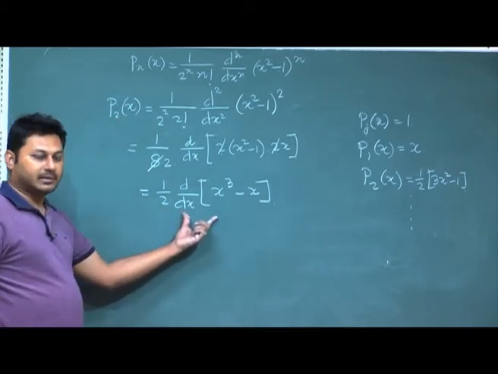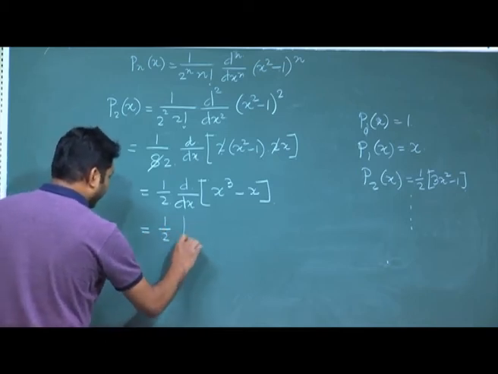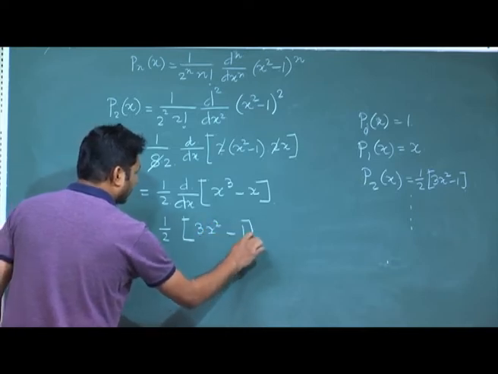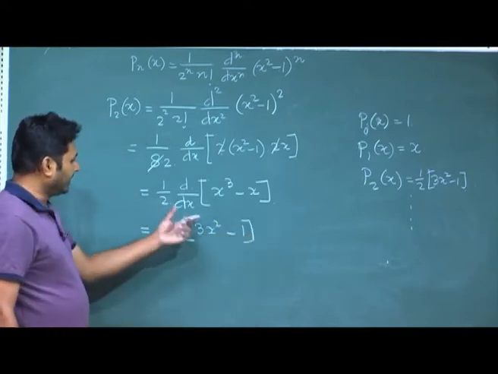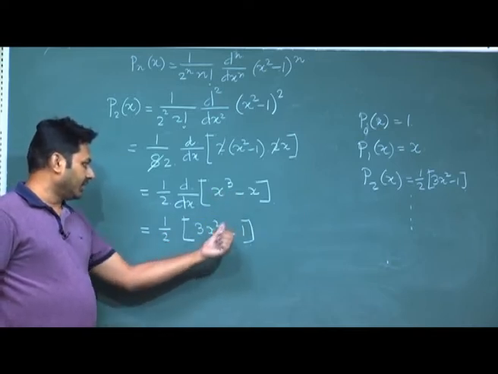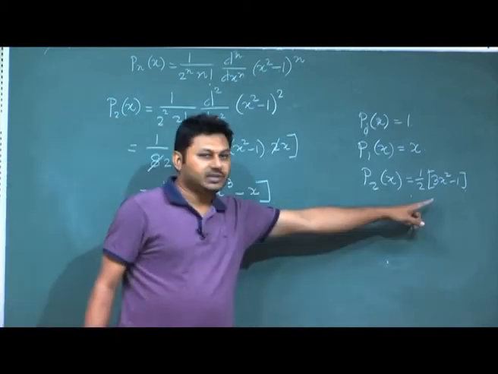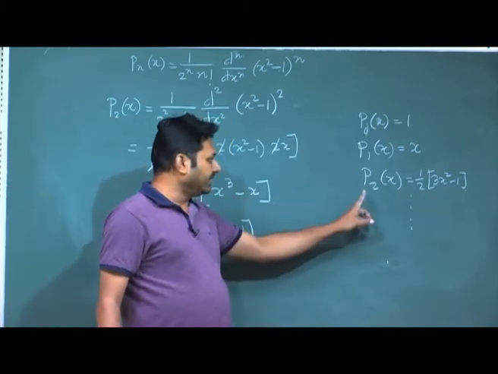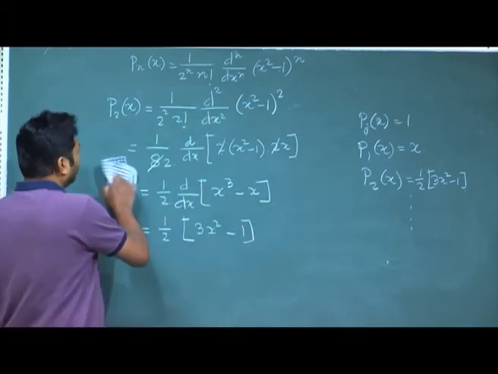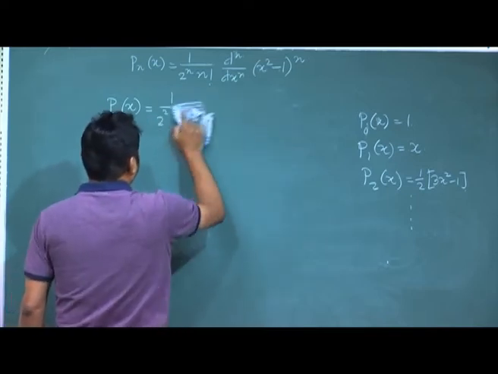If I do that, it will be half of 3x square minus 1. If I differentiate this quantity, it is 3x square, and for x it is 1. So half of 3x square minus 1, which is written here, but I did not write p3, so I need to calculate that also. Let us do that. It will be just an exercise.